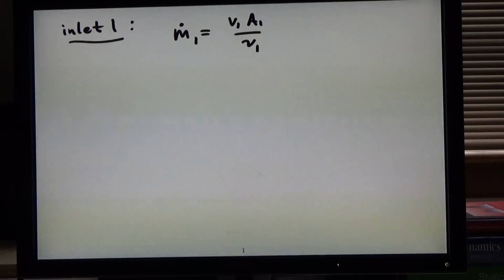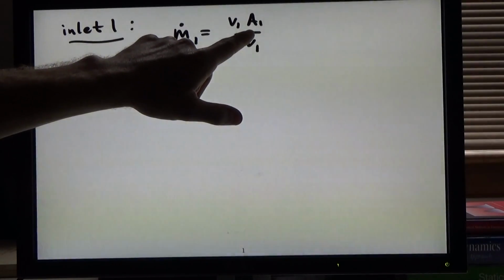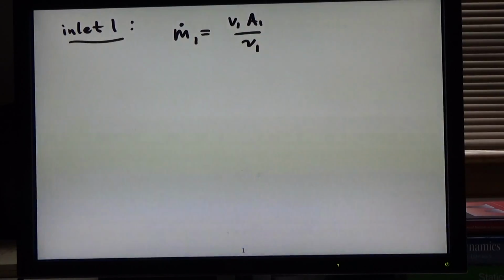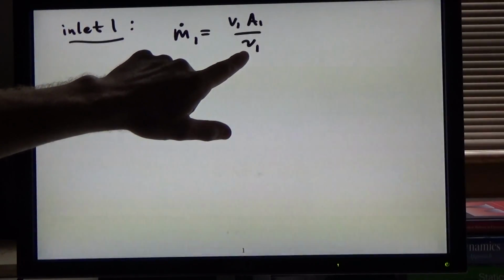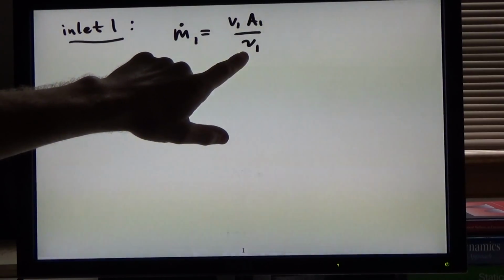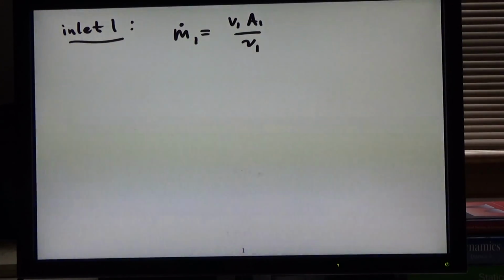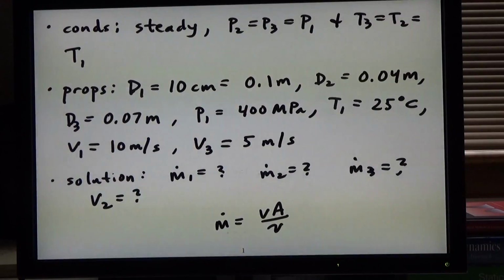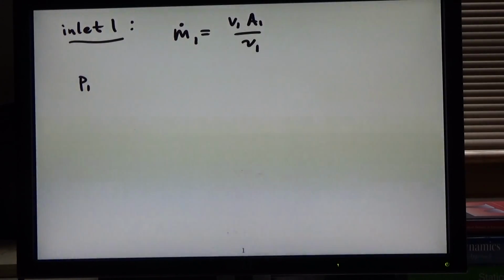We're directly given information about the velocity of inlet number 1. It's 10 meters per second. We are given the diameter of inlet number 1, so we can use that to calculate area. The only thing that we need to figure out for inlet number 1 based on properties is the specific volume. Looking at the properties at inlet number 1, we know the pressure and temperature: P1 is equal to 400 megapascal and T1 is equal to 25 degrees Celsius.